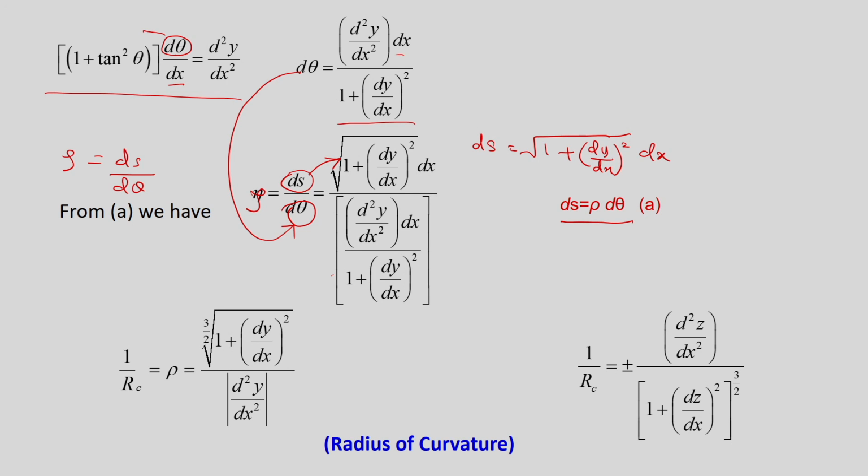Now, you simplify this because this entire term you can take up. So, this is 2 and this is 1. So, it becomes 3 by 2 because there is already a square root, so half plus 1, it becomes 3 by 2. So, this is the expression now for curvature, radius of curvature, 1 by RC, which is also equal to h. So, this h and this h look similar, not much difference. Only thing is this is RC and this is 1 by RC. So, you have a similar expression derived from both the approaches.